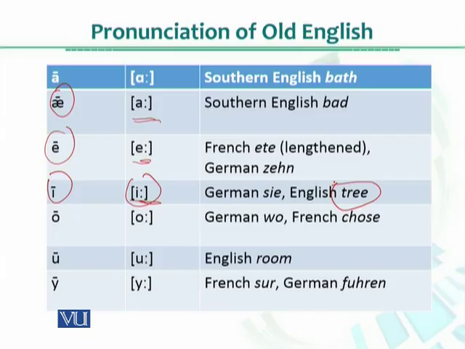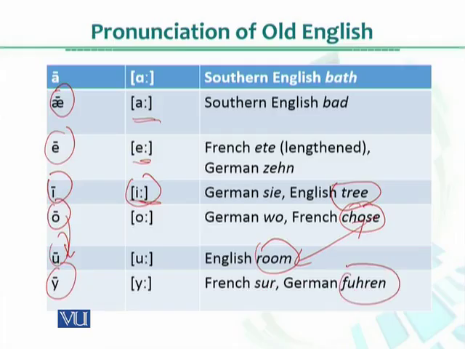So, this O is chose, O. Compare this now with this one, oo, room. So, O, oo. You can notice the difference here as well. And here you can notice this sound, which comes from French sir or firm, that is the German word.